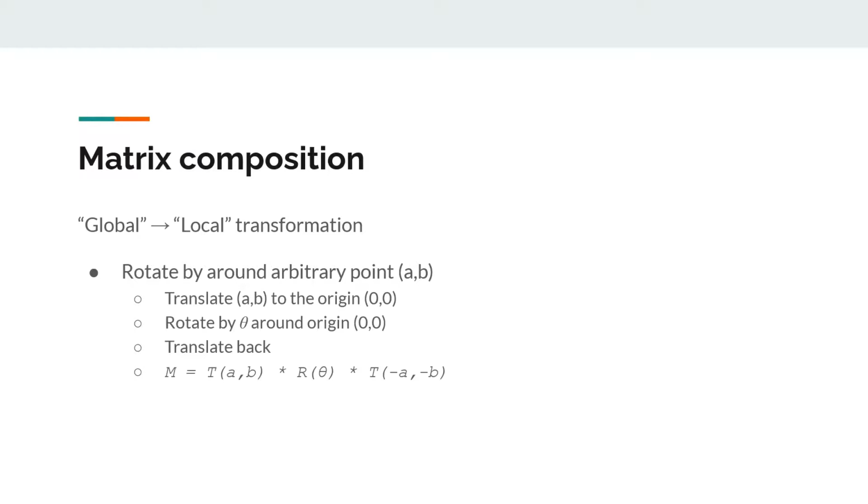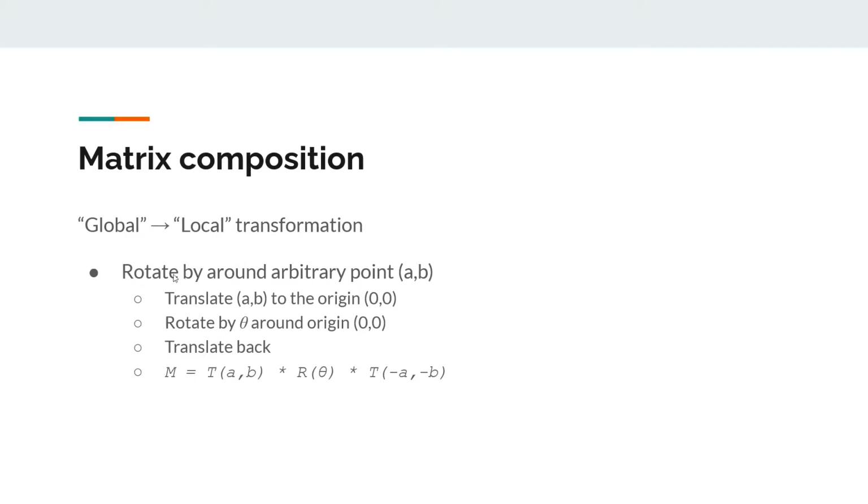The simplest way to explain it is that we are going from the most global transformation to the most local transformation. So if we want to downsize our shape and not the whole transformation, we do it first, which is also the rightmost side, and then we multiply it by other transformations.